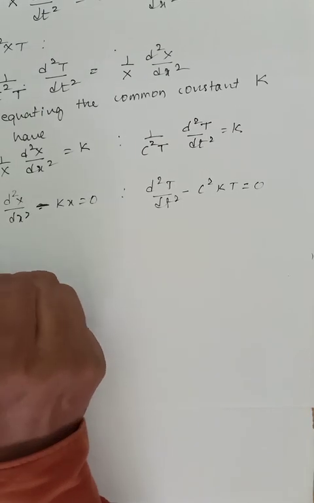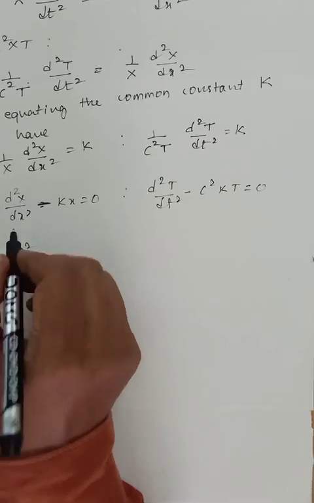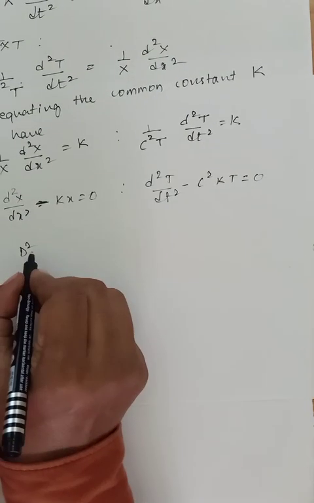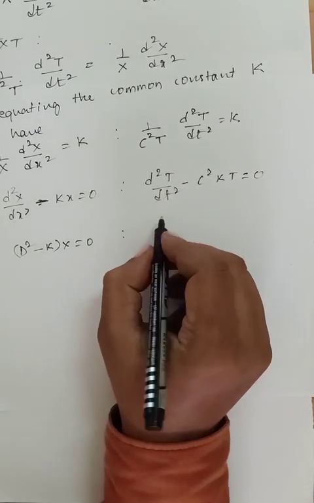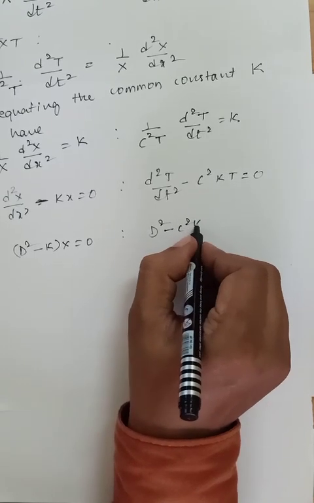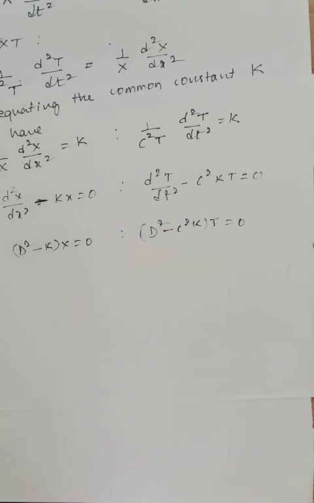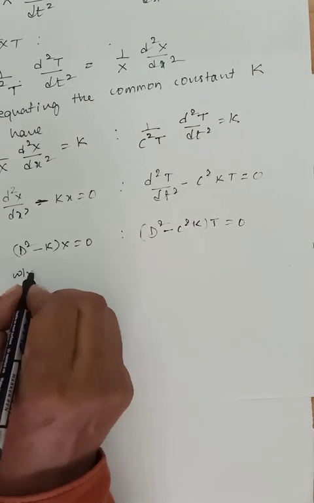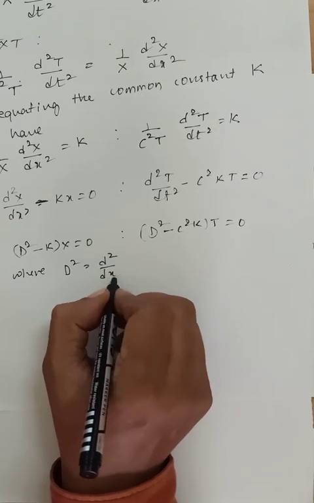Or you denote D square means d square by dx square for convenience: D square minus k times X equal to 0. Here D square minus c square k times T equal to 0. We have two equations, with respect to t and with respect to x, where D square means d square by dx square.